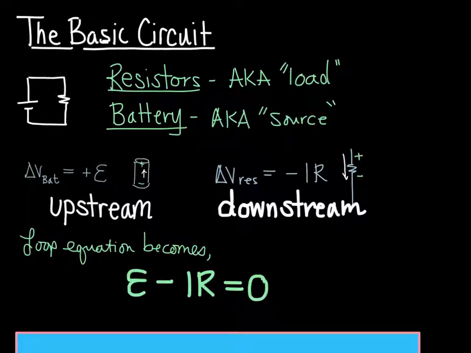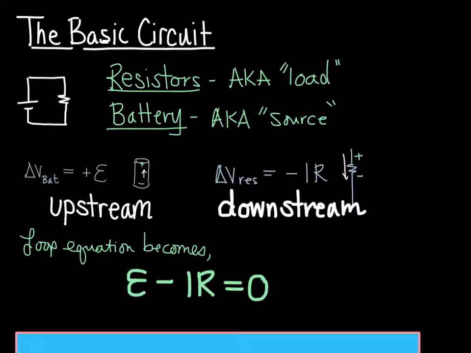The basic circuit includes resistors, batteries, and that's about it. Commonly resistors are known as loads. They'll ask, if the load is 4 ohms and the potential difference is 6 volts, determine the current.